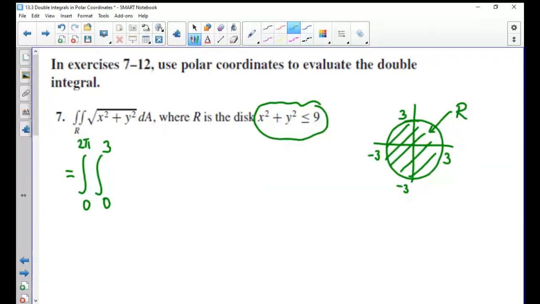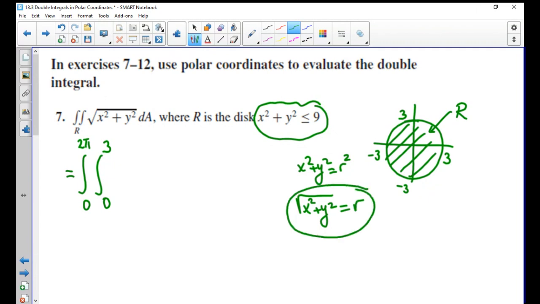Remember, x squared plus y squared is r squared, so the square root is r. And dA is r dr d theta. That's it. Very easy.